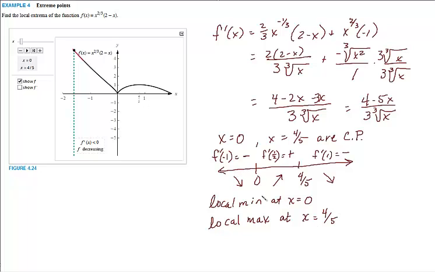It goes down then up. 0 has to be a minimum. It goes up then down. 4/5 has to be a maximum. I can look at the graph, of course, and see that I have a local minimum here and a local maximum here.